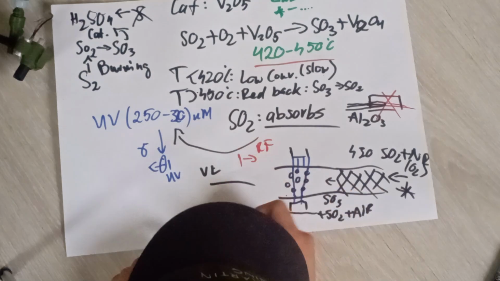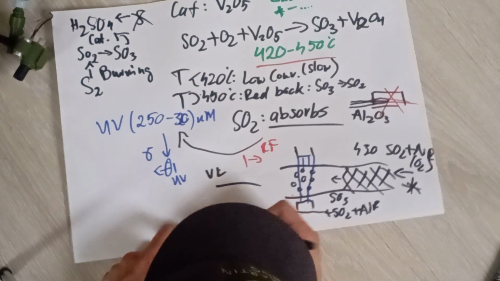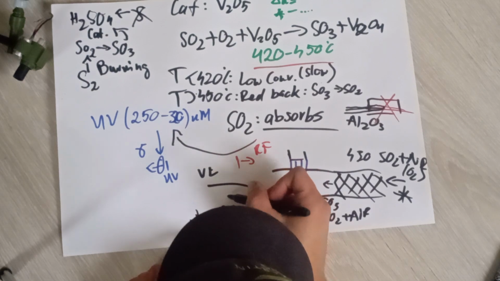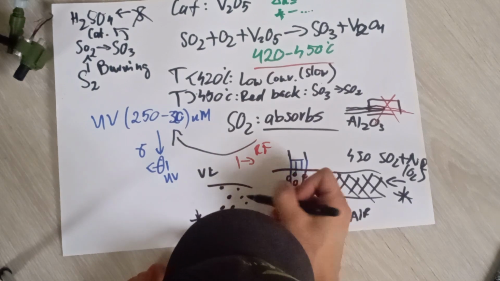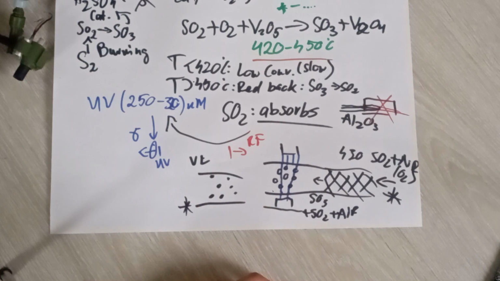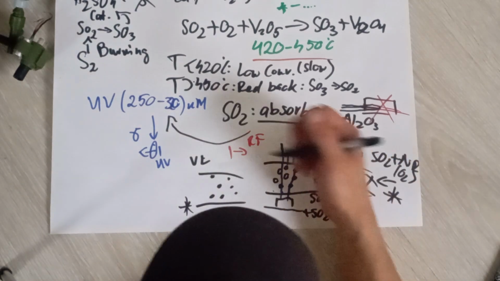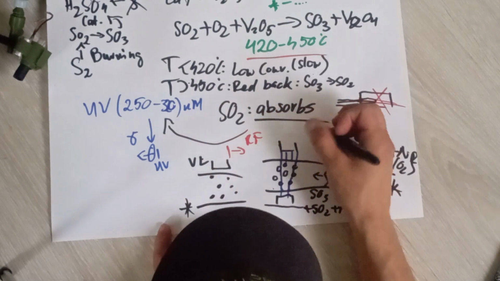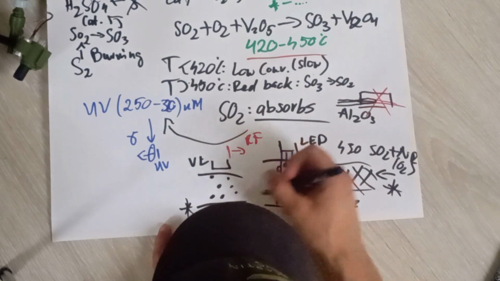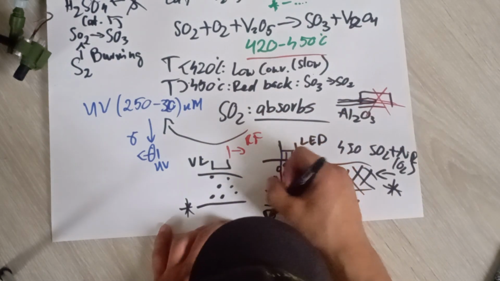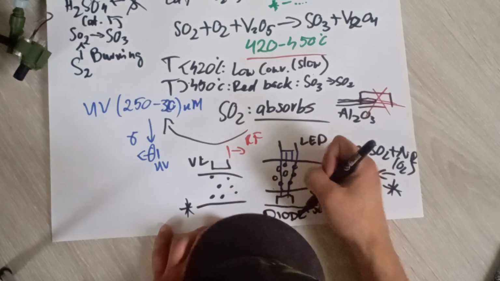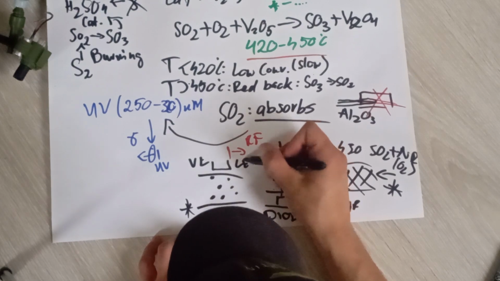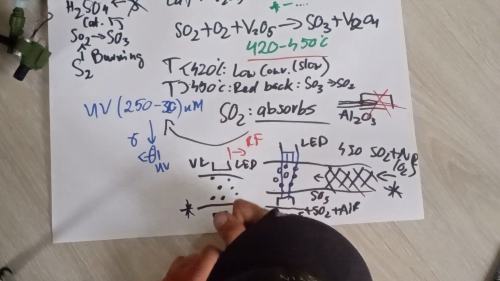So we have the atoms or molecules coming through here, and this is the LED, this is the diode, this is also the diode D, and this is the LED. Not going to write it out.